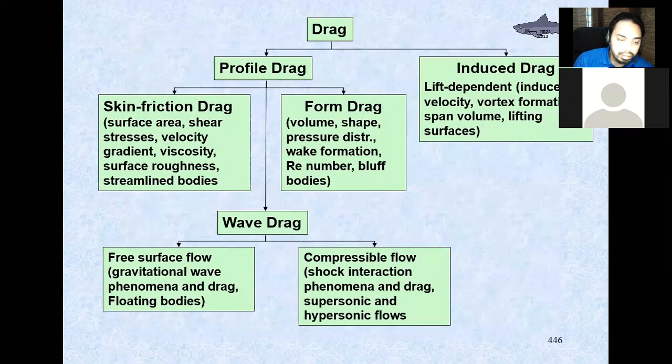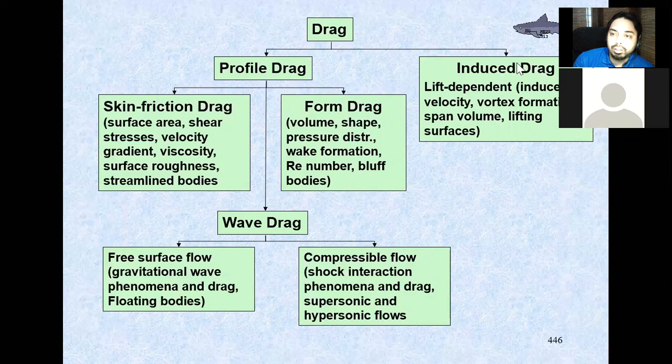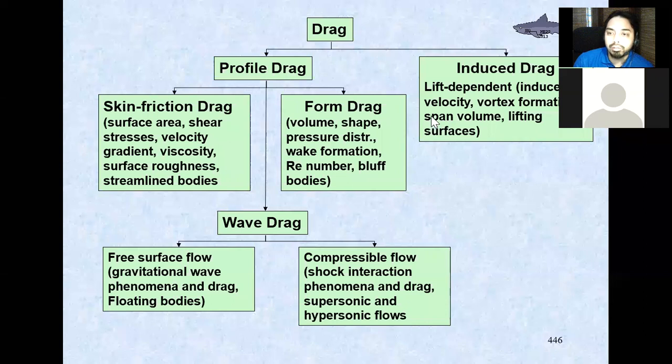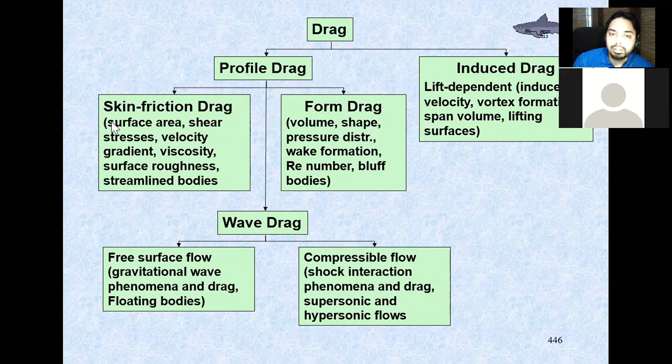So if we try to analyze what causes the drag, you have a profile drag and an induced drag. The induced drag here is due to the vortex formation, the span, the lifting surface, etc. The profile drag includes the skin friction drag, which depends on, for example, the surface area, shear stress, and velocity gradient.